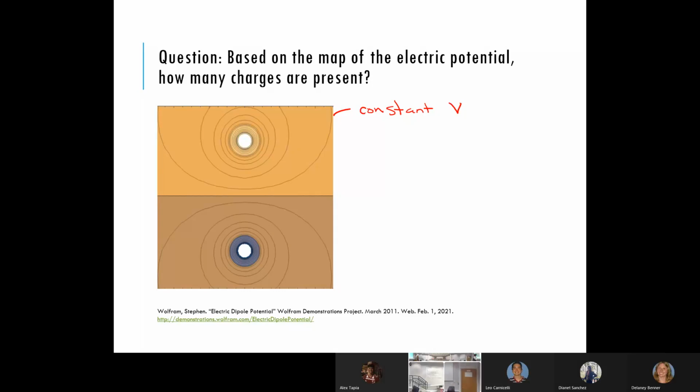Now, most of the time you won't see it called constant potential. You will see it called an equipotential, equal. So each of these lines is called an equipotential. Man, if I could actually spell.